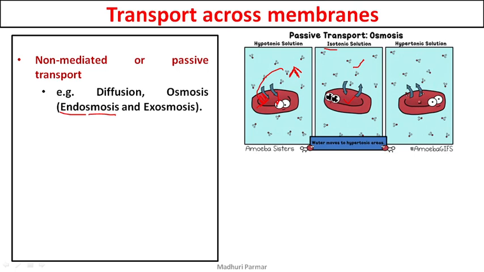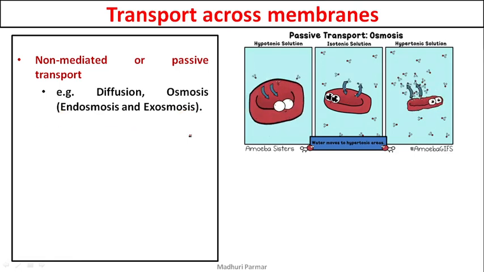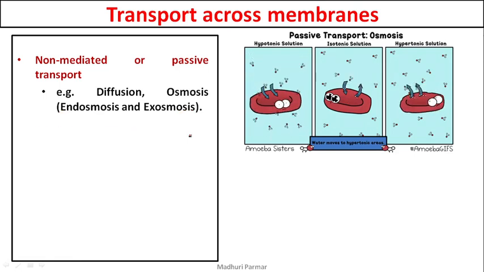Hypertonic meaning the concentration of water will be higher inside and the concentration of solute will be higher outside. So the water from the cell will move out. This kind of movement is called exoosmosis. Fine, all of these are non-mediated or passive transport. There is no energy used in the process.